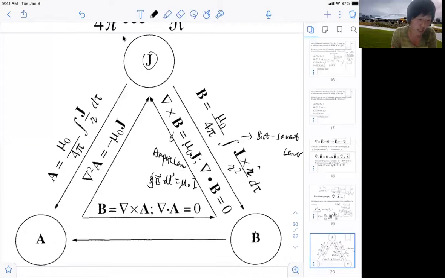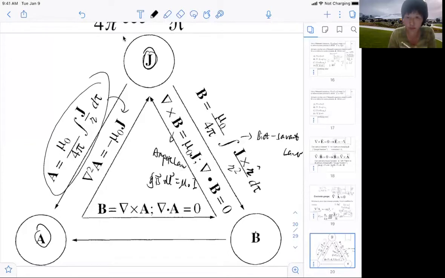Or sometimes you can find A first if it's easier. So you use J and this equation to find A. This is the solution to the Poisson equivalent for this potential, right? And you can take the curl of A to find your B. That also works. So that's the general idea behind the vector potential.